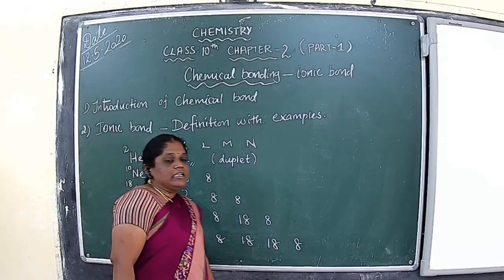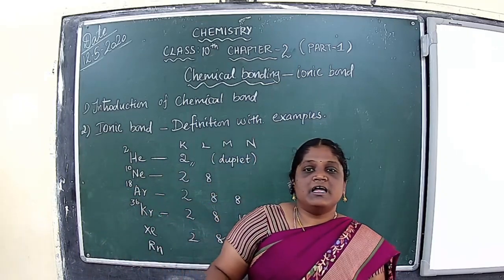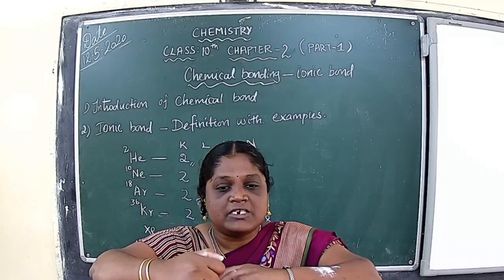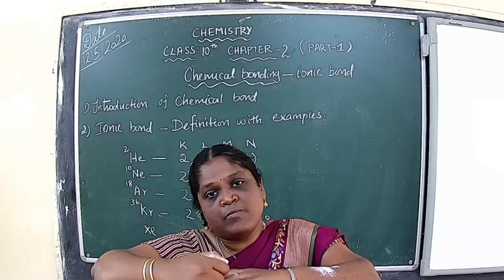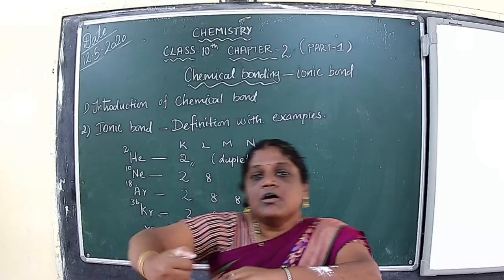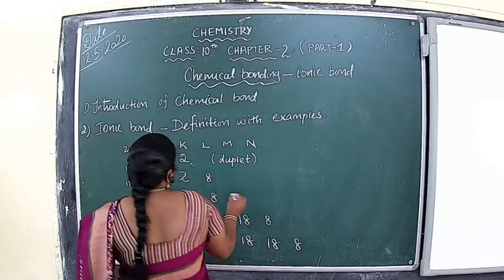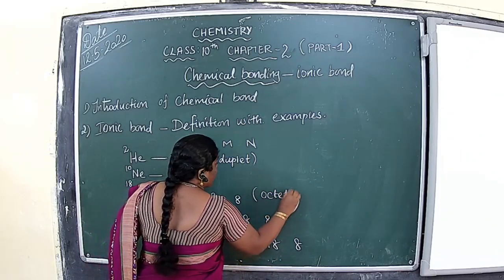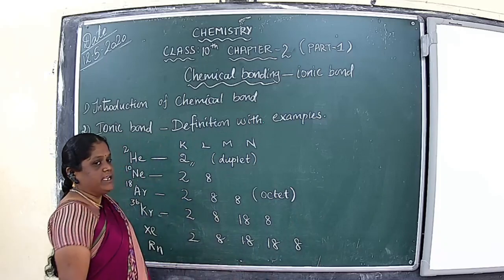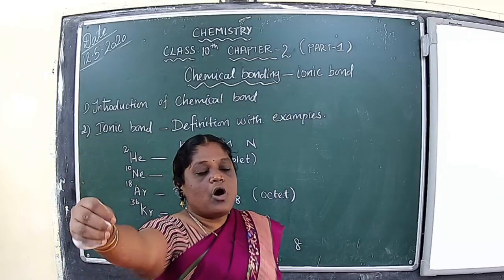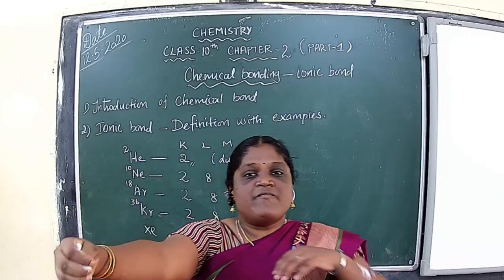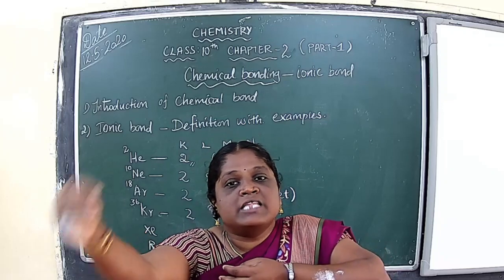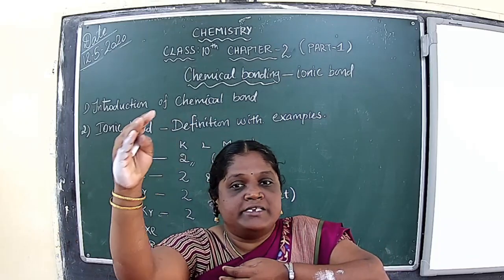If any atom has 8 valence electrons, that is an octet. Understood?